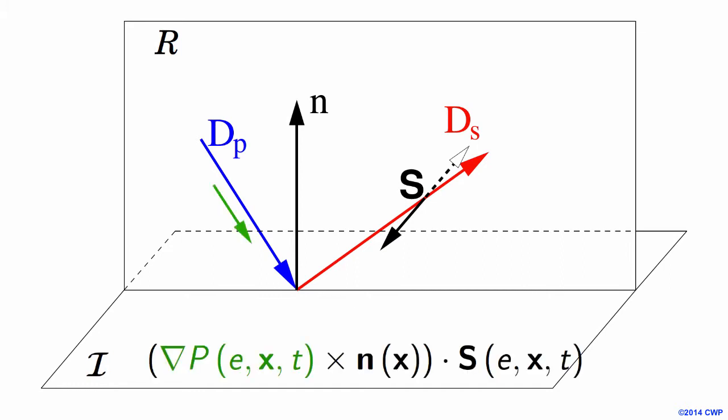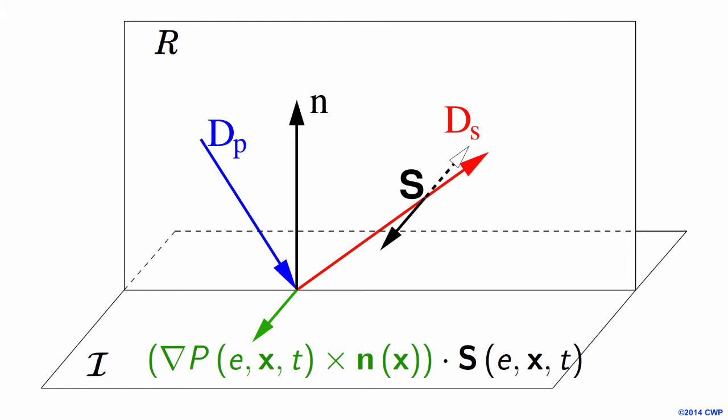The equation at the bottom is the imaging condition for the PS waves. First, we compute the gradient of the incident P wave. This gives us a vector which is parallel to vector dp, and then we do the cross product of the green arrow and vector n, which gives us a vector that's orthogonal to the reflection plane.